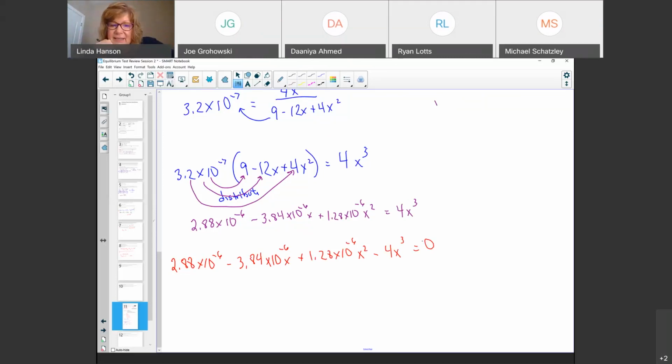Now, this is beyond a quadratic equation. A quadratic equation would have an x squared, an x, and a number with no variable. This has an x cubed, an x squared, an x, and a value with no x.